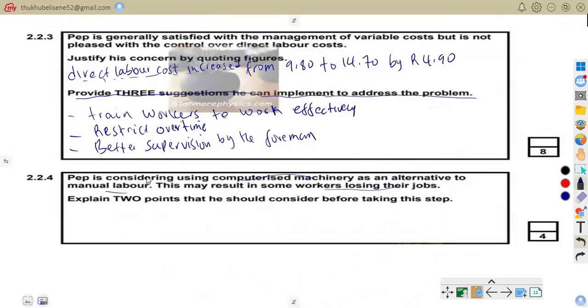So he must know that maintenance and installation of computerized machinery are costly.